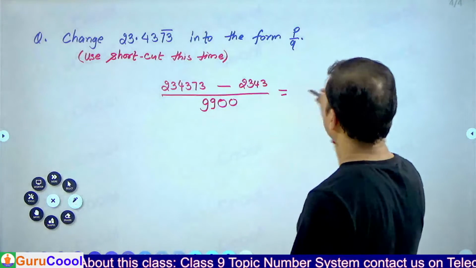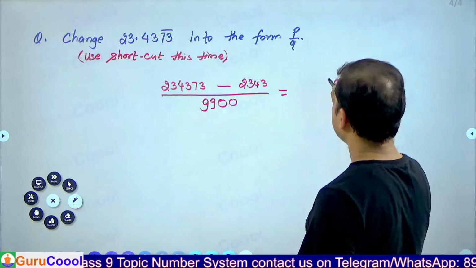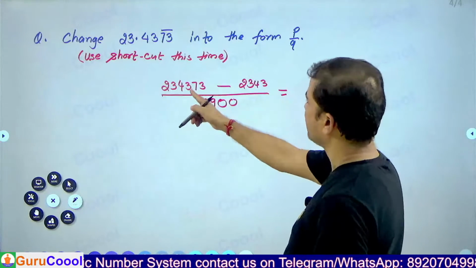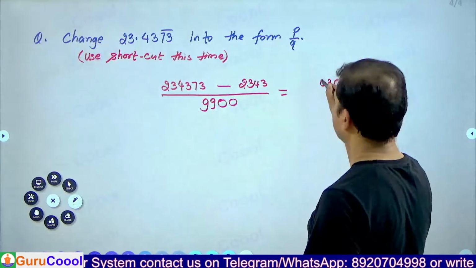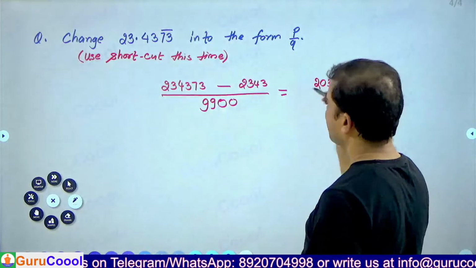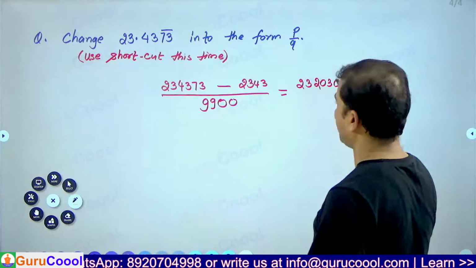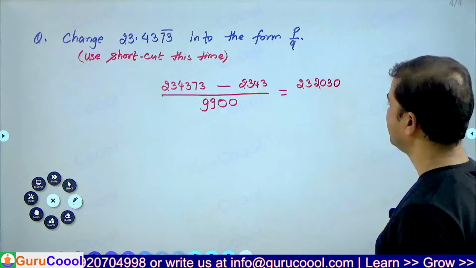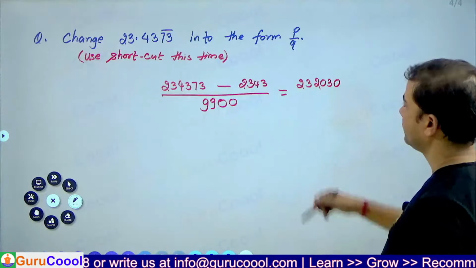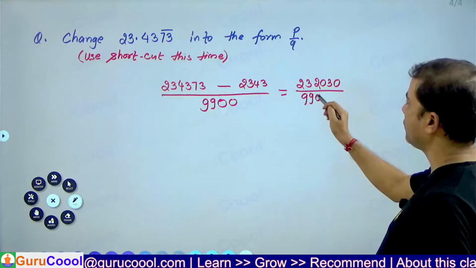3 minus 3, 0. 7 minus 4, 3. 3 minus 3, 0. 4 minus 2, 2. And then 2, 3. Is that right? Yes, sir. Divided by 9900.